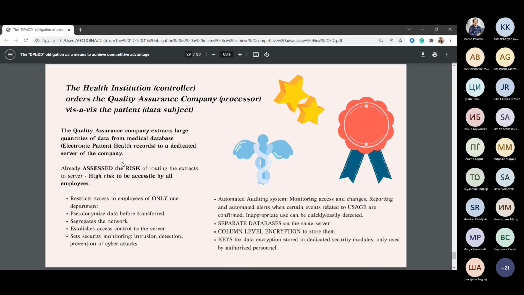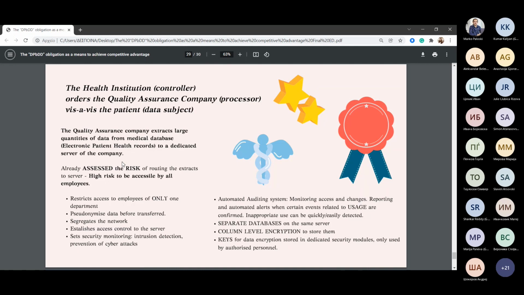So we need to restrict access to employees of only one department, pseudonymize data before transfer, establish access control to the server, set security monitoring for prevention of cyber attacks, intrusion detection, an automated auditing system to monitor access and changes, reporting and automated alerts when certain events related to users are confirmed.